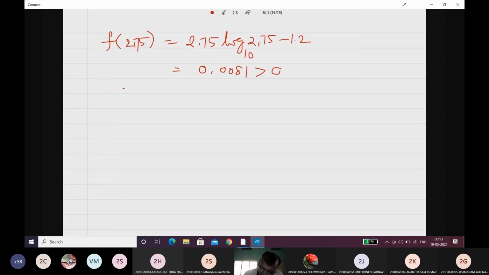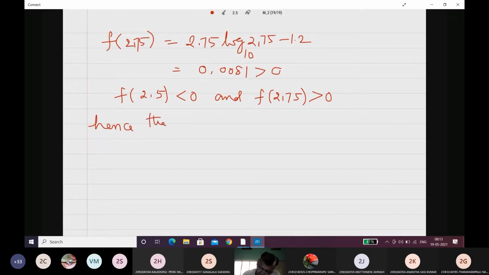Therefore, f of 2.5 is negative and f of 2.75 is positive. Hence, the root lies between 2.5 and 2.75.